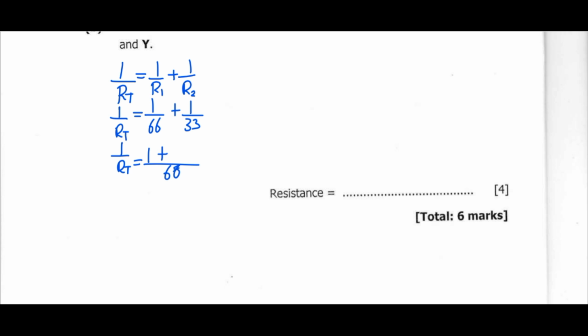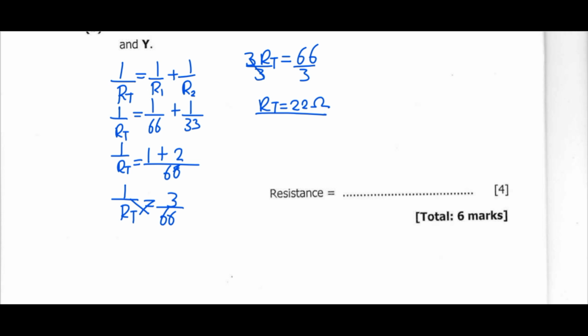So plus 33 into 66, this is just half, so 2 times that is 2. 1 over RT is equal to 1 plus 2, which is 3 over 66. Then 3 times RT is 3RT. 66 times 1 is 66, over 3, over 3. So RT is equal to 22. So this is our total resistance.